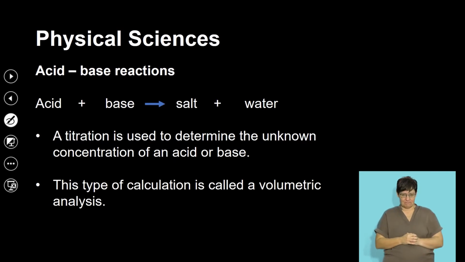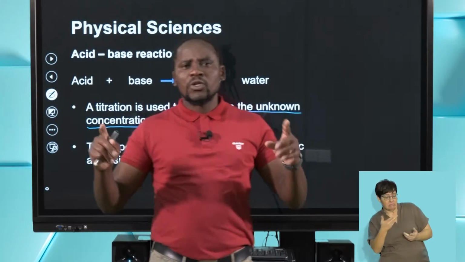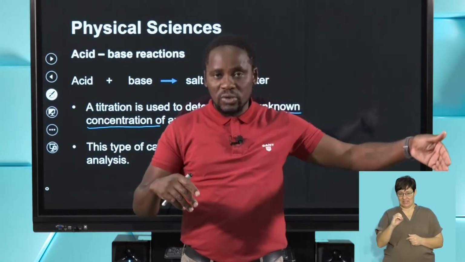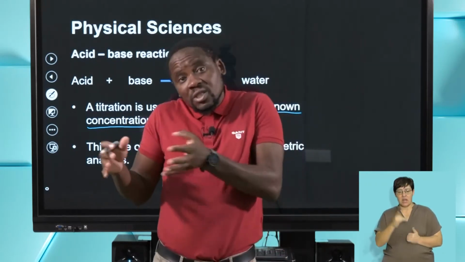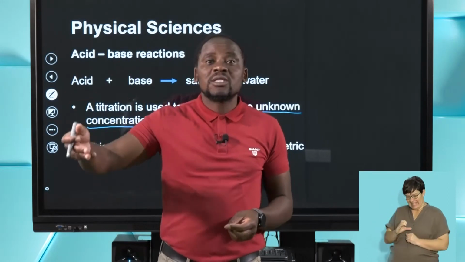Ordinarily, a titration is used to determine the unknown concentration of an acid or a base. Earlier on, we spoke about a solution whose concentration is known. Now we are saying that we use this technique of titration to determine the unknown concentration of a solution.